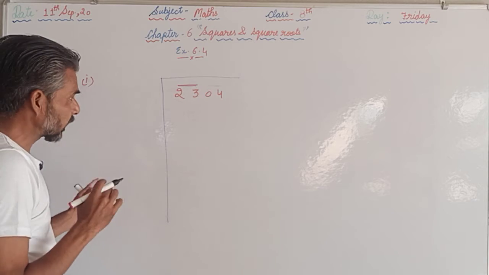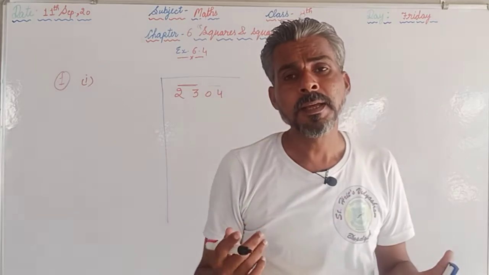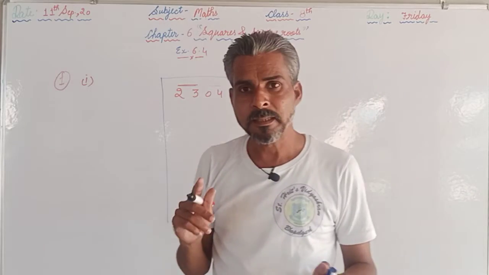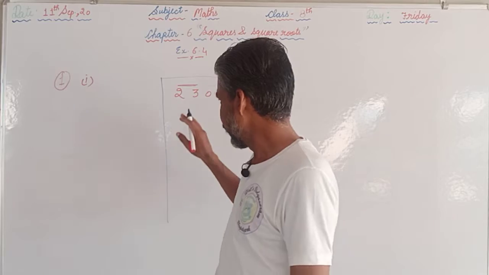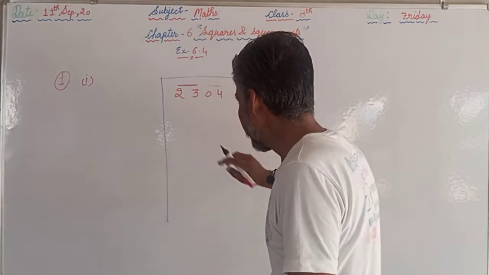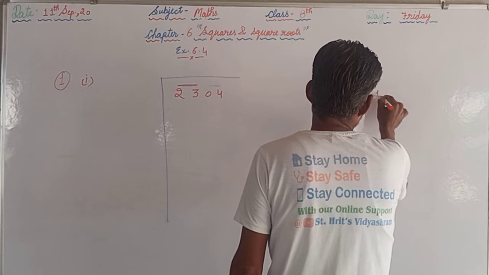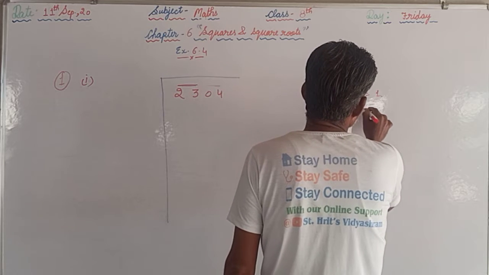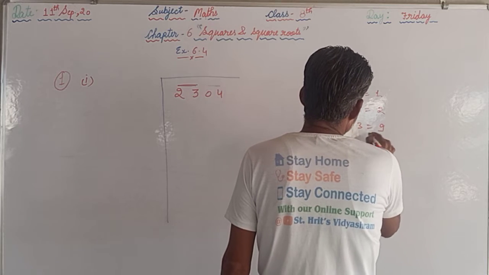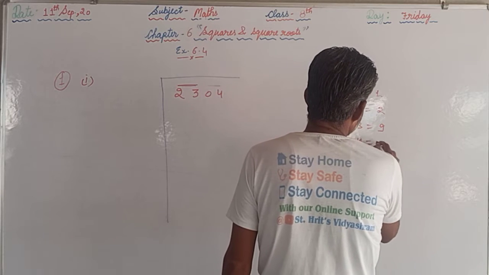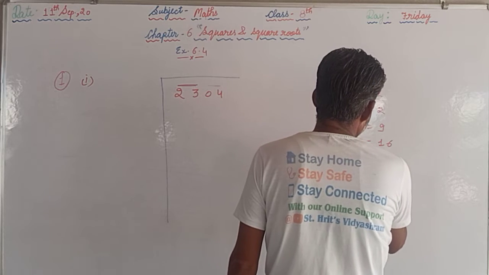We select a single number which we multiply by itself, and we get a number equal to or less than 23. So 1 into 1, 1, 2 into 2, 4, 3 into 3, 9, 4 into 4, 16, 5 into 5, 25.